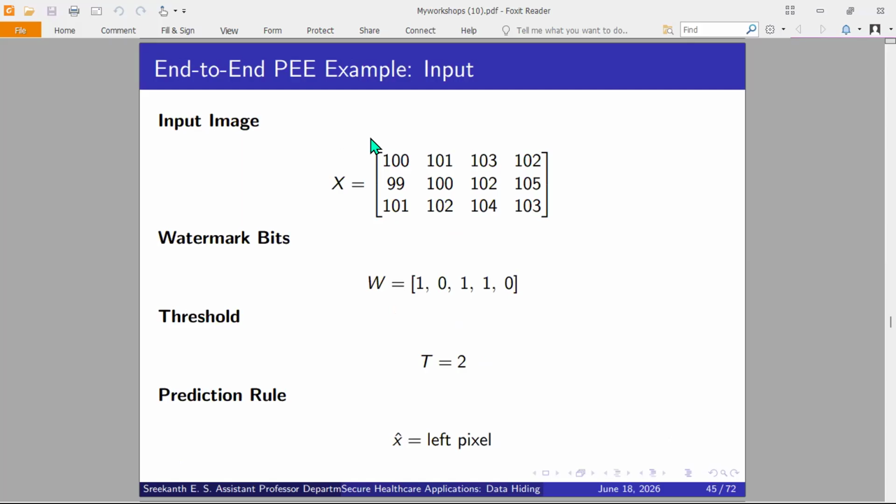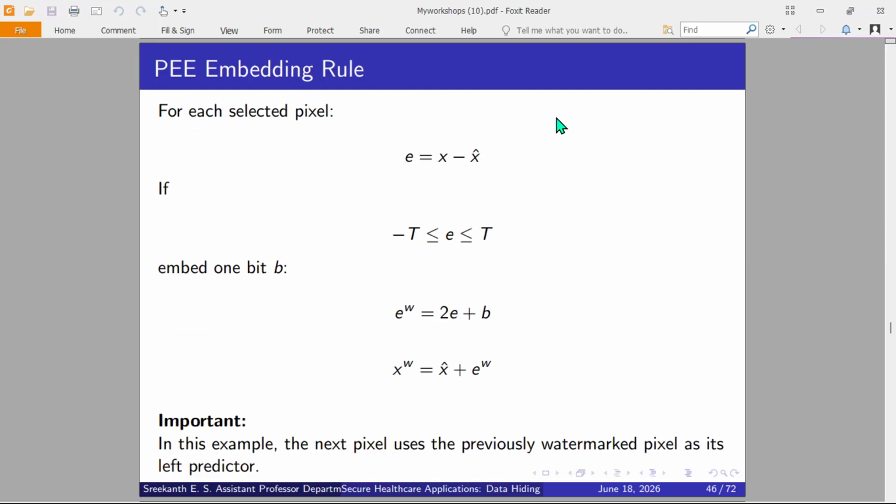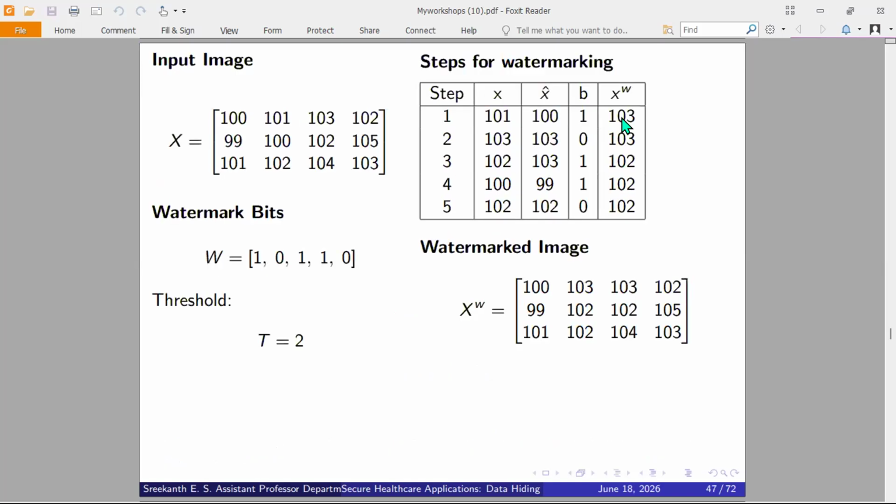The embedding is done and data is embedded, and this is the marked pixel. This marked pixel is used for predicting the next pixel, right? That is the implementation followed here. There are various implementations, so no need to stick to a particular one. Decide what is better based on the image.